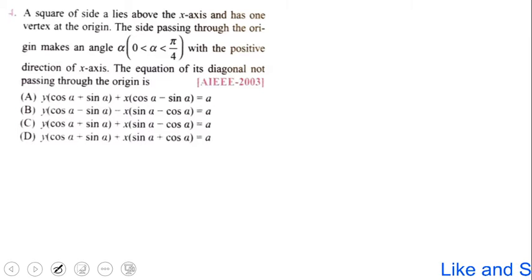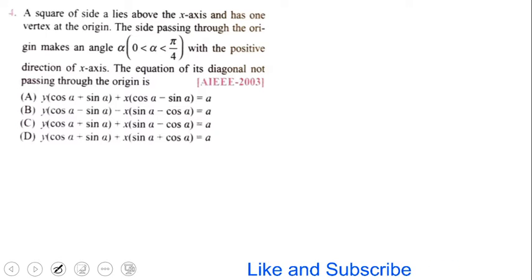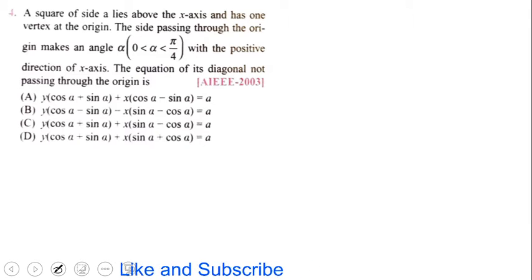So it is given that a square of side A lies above the x-axis and has one vertex at the origin.